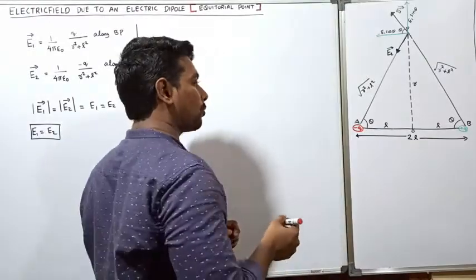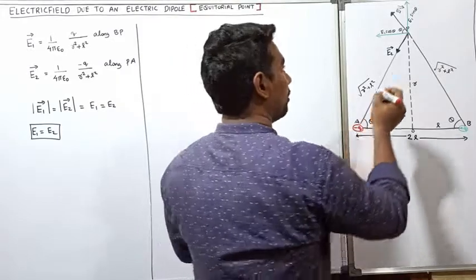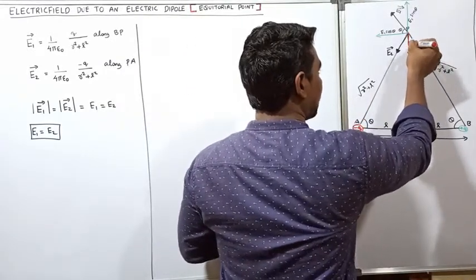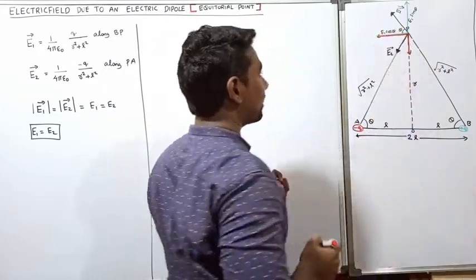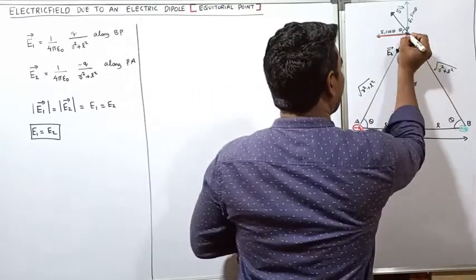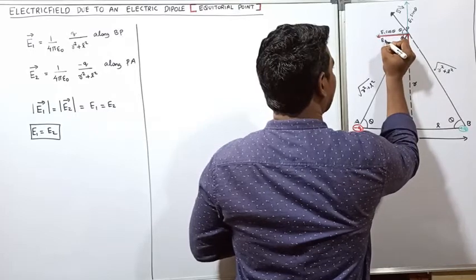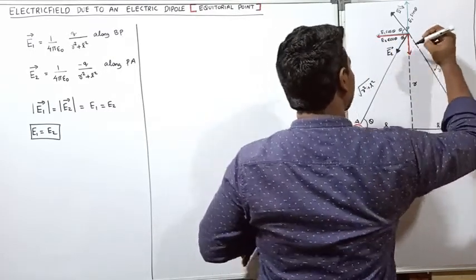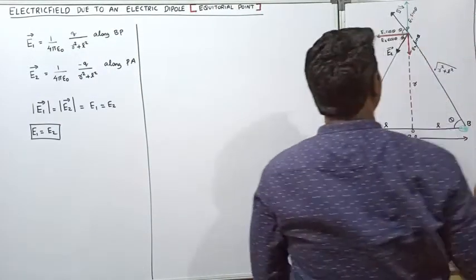For E2, one component will be in this direction and another will be in this direction, right? Considering the angle theta, this will be E2 cos theta, and this will be E2 sin theta.